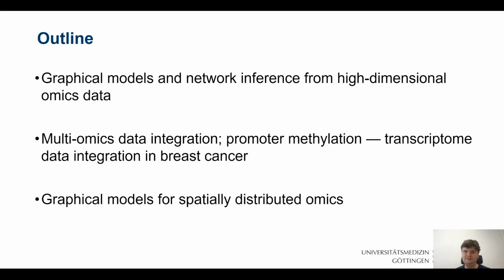Specifically, I want to show you an application where we integrated transcriptomic data with promoter methylation in breast cancer. And basically building up on these models, I finally would like to show you how they can be adapted to also analyze spatial omics data.